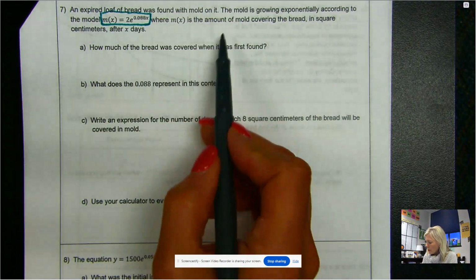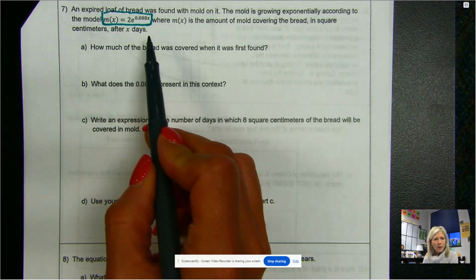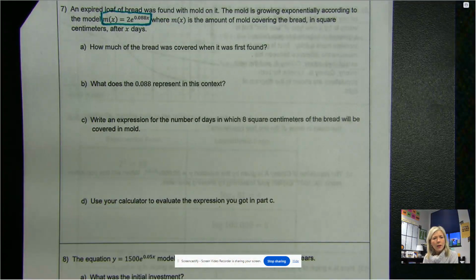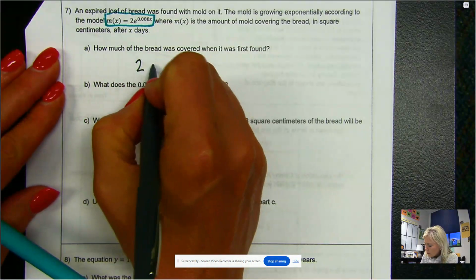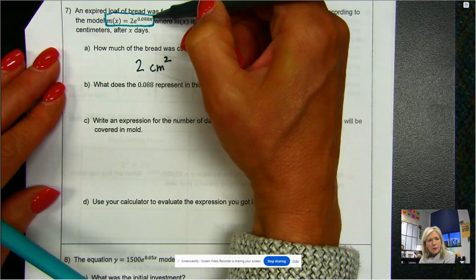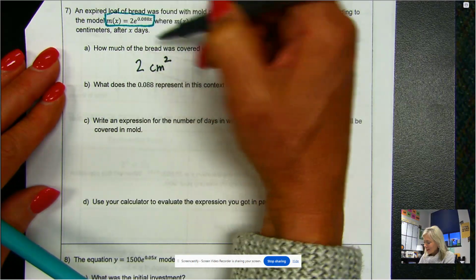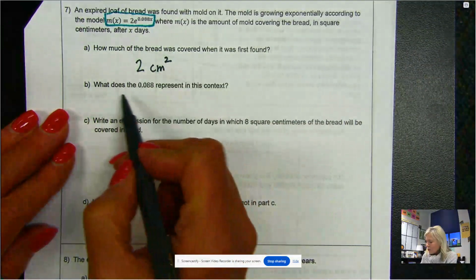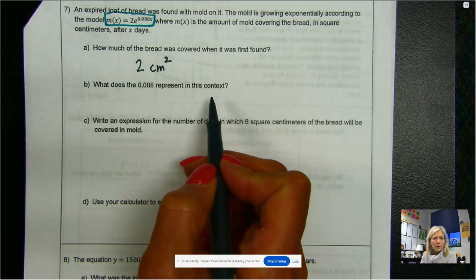It's the amount of mold covering the bread in square centimeters after X days. All right. How much of the bread was covered when it was first found? So first found, that's the initial amount. That's our 2 right there. So it'd be 2 square centimeters. You could always plug in a 0 here for the exponent, but you would still get an answer of 2. So there's no reason to do that. What does the 0.088 represent in this context?